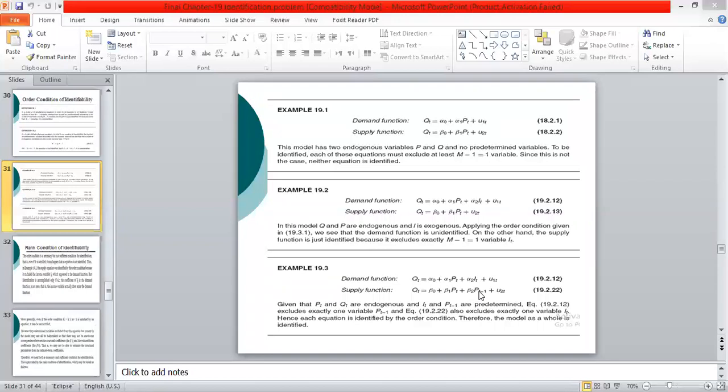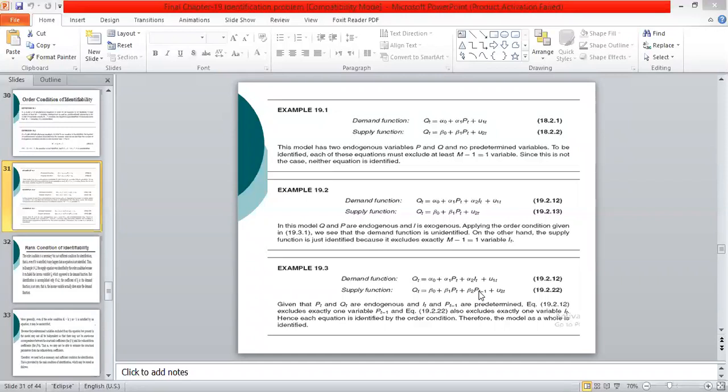Capital K equal to 2, small k equal to 1, 2 minus 1 greater than or equal to small m 2 minus 1. Finally, it is 1 equal to 1.